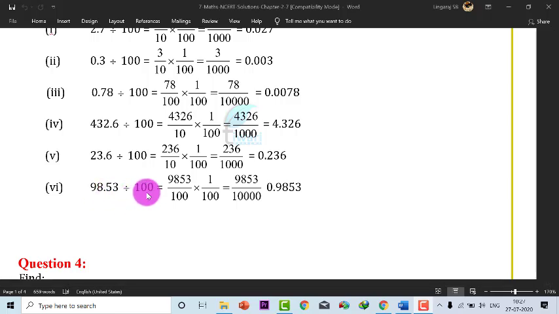And then the sixth one is 98.53 divided by 100. The fraction form of 98.53 is 9853 by 100, and the inverse of division is multiplication and the reciprocal of 100 is 1 by 100. If you multiply this, we get 9853, and 100 into 100 is 10,000, and the decimal form of this is 0.9853.